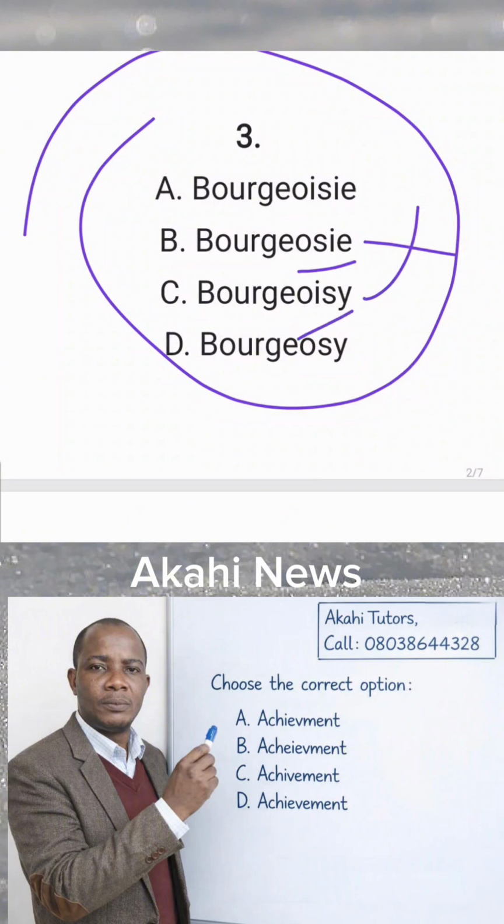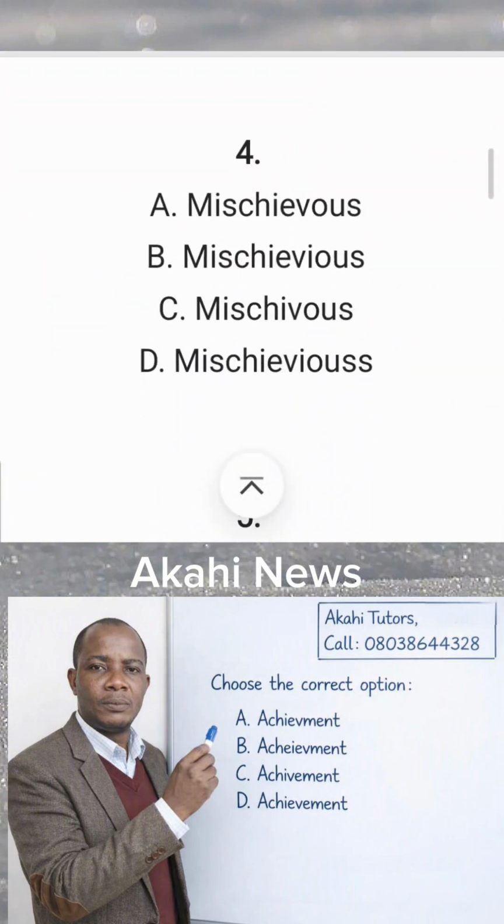This is correct, but the ending, bourgeoisie, does not have Y. So consequently, D is also wrong. So bourgeoisie, A is correct. Let's go to question 4.